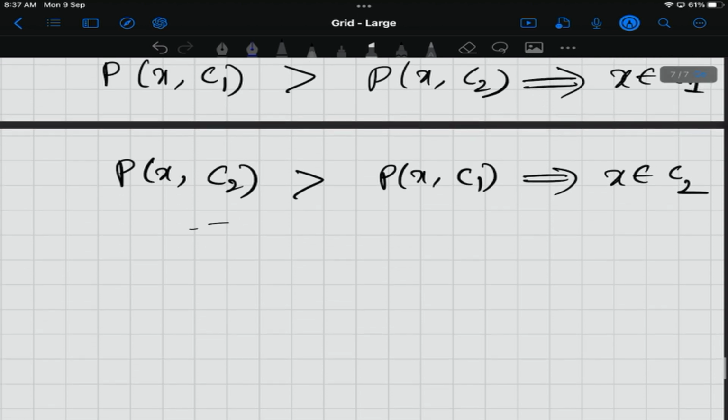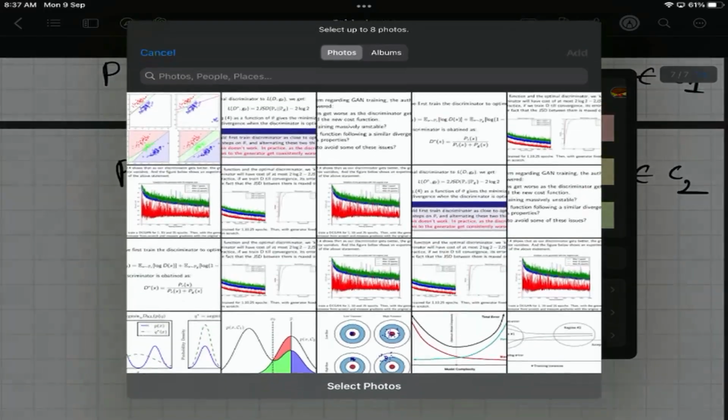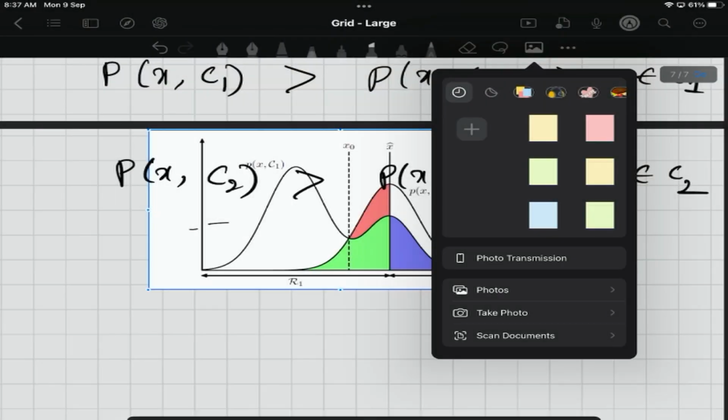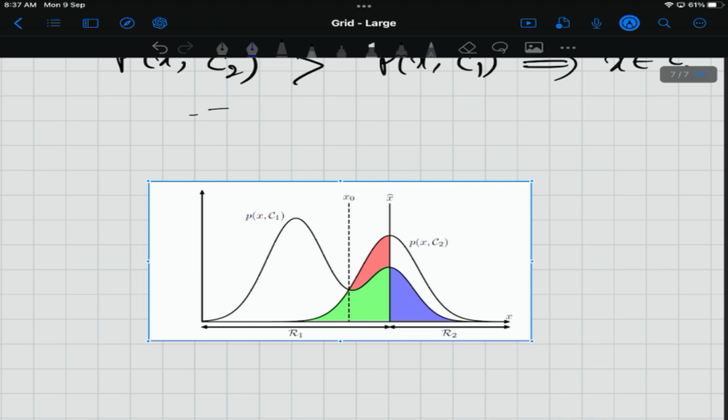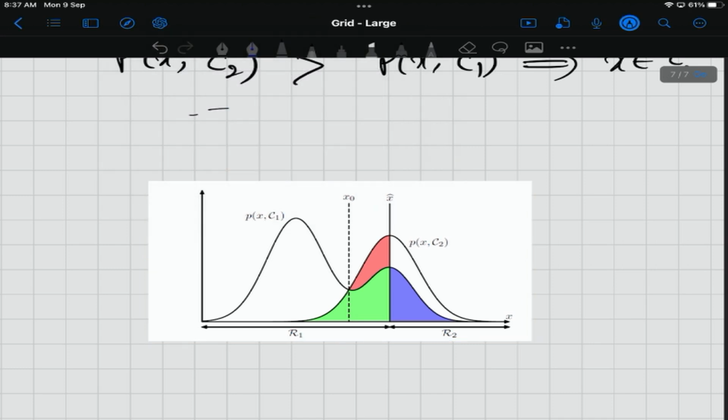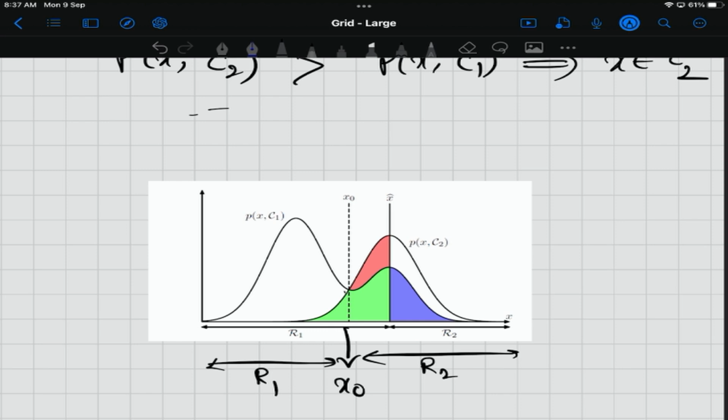Okay, so here if you see that same figure, just focus only on my x naught as the separating one. If you see in this region, till x naught, my probability of x comma c1 is greater than probability of x comma c2. Yes.